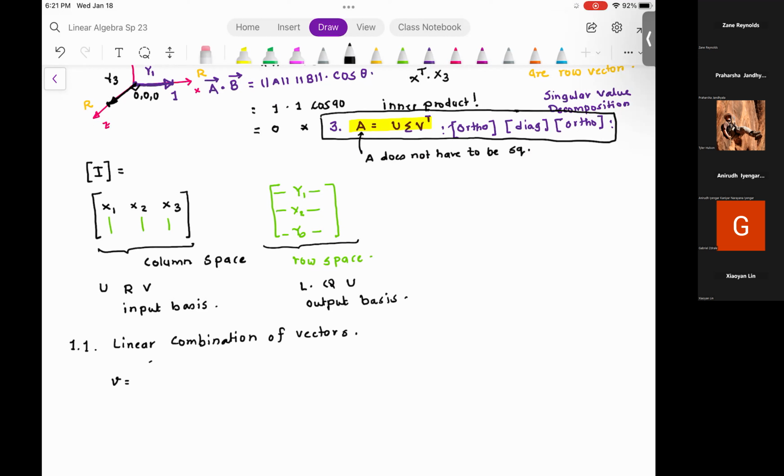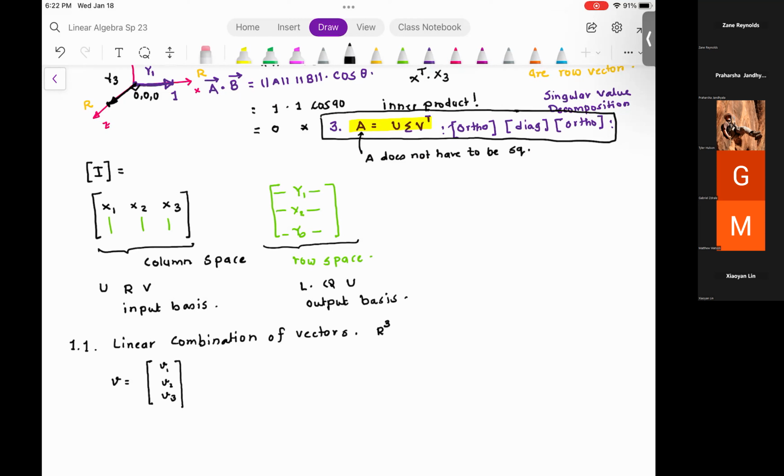Combinations of all vectors with... Okay. So imagine you have a vector V which has three components, V1, V2, and V3. This vector can be represented in three-dimensional space.